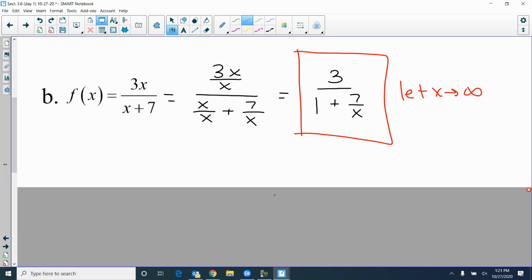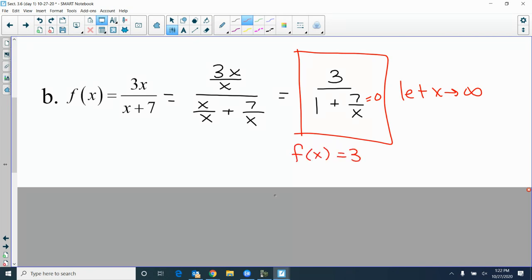The 3 doesn't get affected, the 1 doesn't get affected, but what happens to 7 divided by infinity? Where's it heading towards? It's heading towards 0, okay? So now this just really becomes, think of it as 0. You might as well, because we can make it as close as we want. This is really 1 plus 0, which is just 1. So this whole thing becomes what? 3. That's our answer.